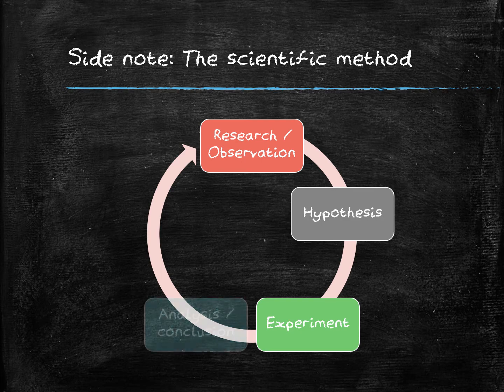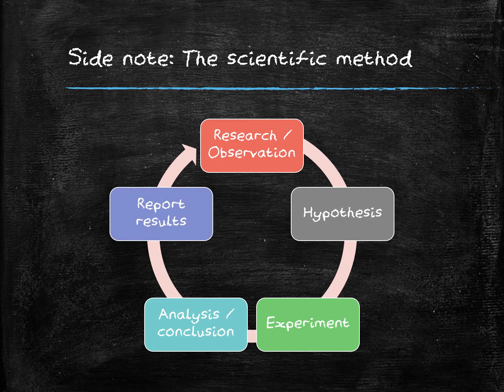The experiment will collect data. From that data you need to perform an analysis or conclusion and then report on that. If the data matches the hypothesis and the conclusion and the results all tally, then that theory can be accepted and will probably be worked on to develop further.